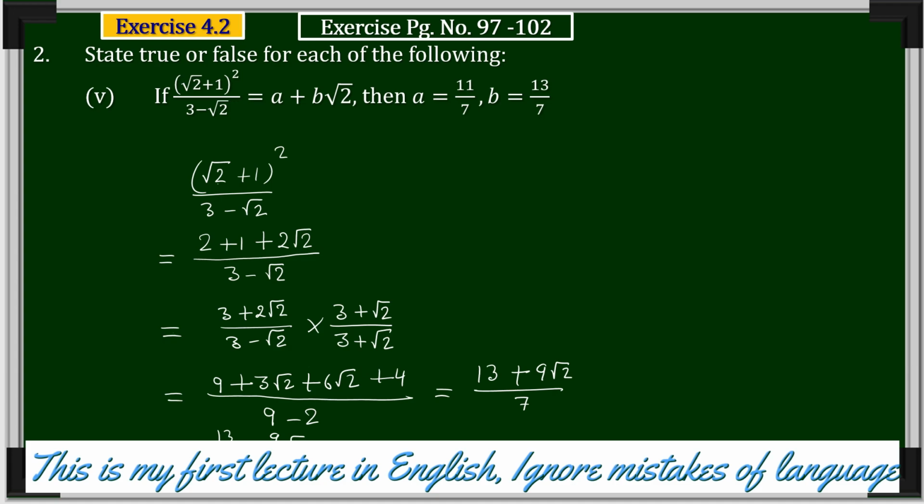So when we compare it with a plus b root 2, then a is equal to 13 upon 7 and b is equal to 9 upon 7. But they are not given in the statement. In the statement it is given a is equal to 11 upon 7 and b is 13 upon 7. So you can easily say that this statement is not true, it is false.